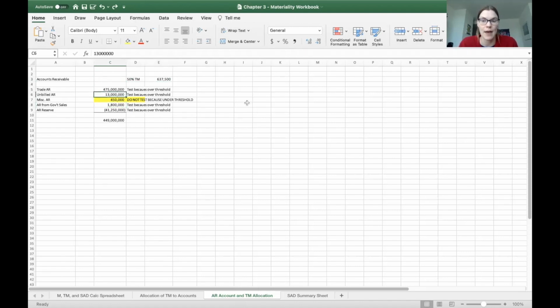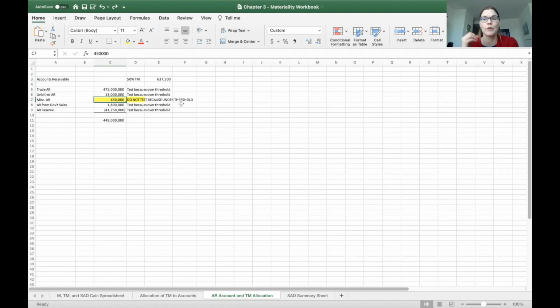And if they're above that, then they're above the threshold and I have to test them. If they're below that, then they're below the threshold, like miscellaneous AR is only 450K. Now, because that is below 637K, I should not have to test it because it's less than the threshold.